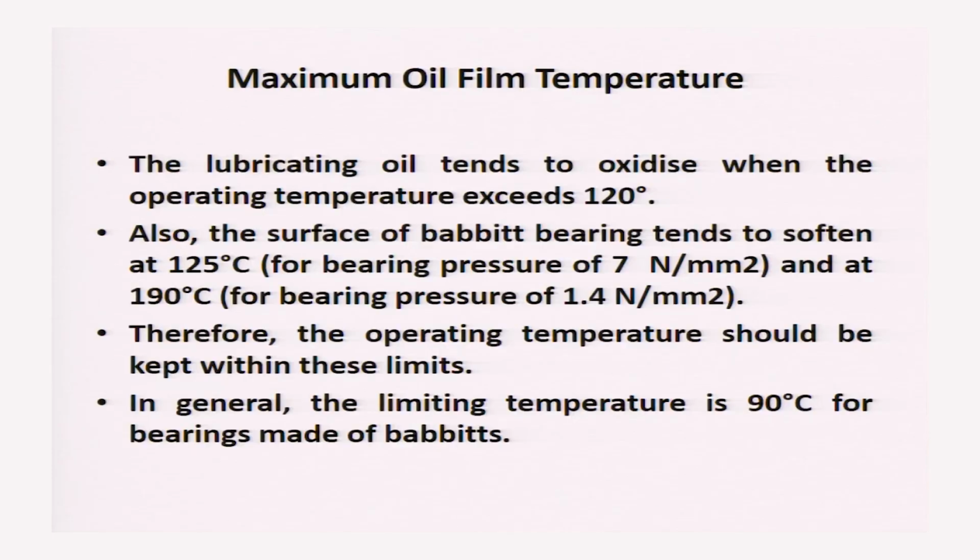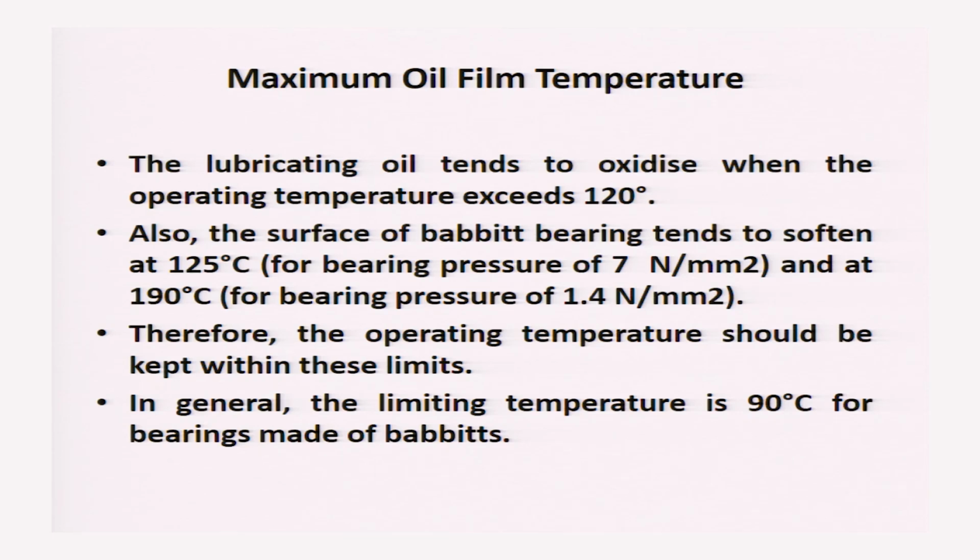Maximum oil film temperature. The lubricating oil tends to oxidize when the operating temperature exceeds 120 degrees centigrade. Also, the surface of Babbitt bearing tends to soften at 125 degrees for bearing pressure of 7 megapascal and at 190 degrees centigrade for bearing pressure of 1.4 megapascal. Therefore, the operating temperature should be kept within these limits.